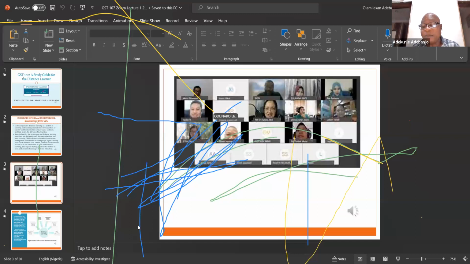This is another phase of, are you seeing my screen? Can everyone see my screen? Let me unmute you. Can you see my screen?